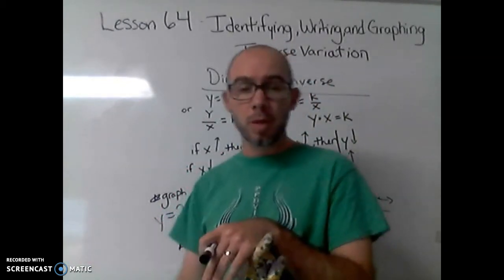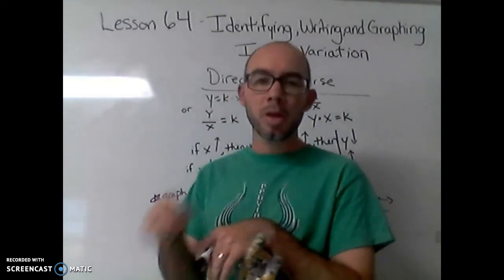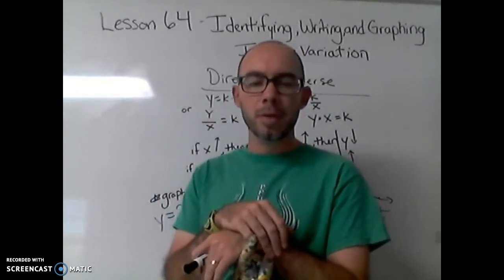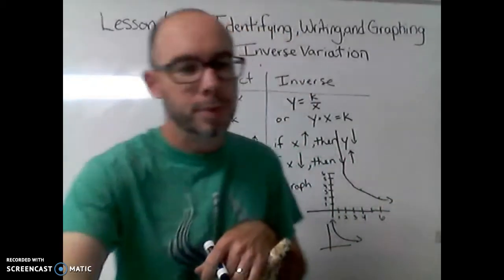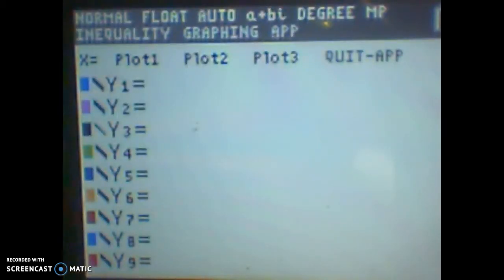Let's go ahead and do that. I'll switch over to the other camera, and we'll look at the graph of 3 inverse variating graphs. Okay, you got out your graphing calculator, and you can go ahead and push that y equals button to get these.